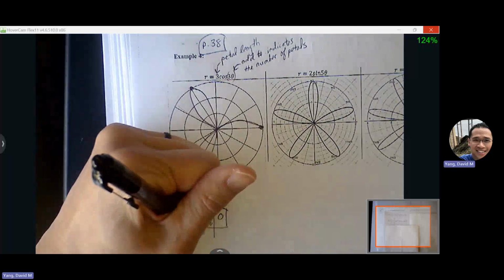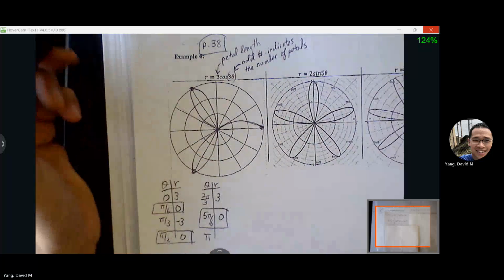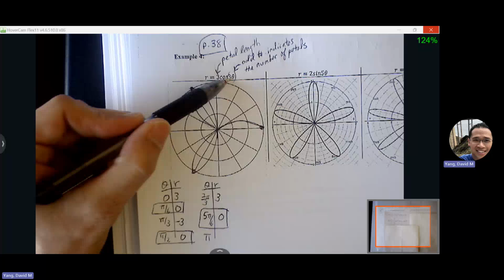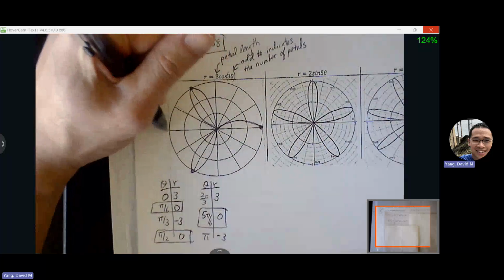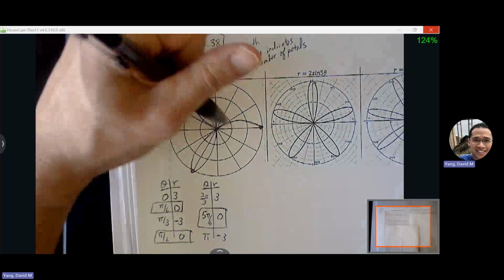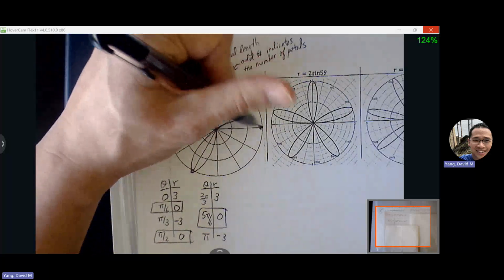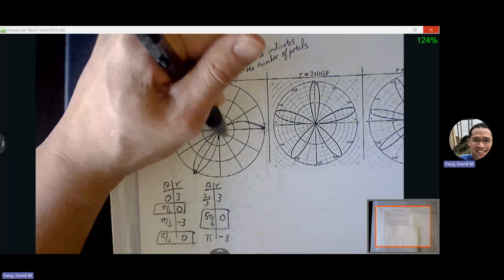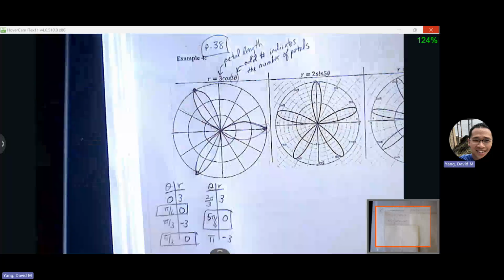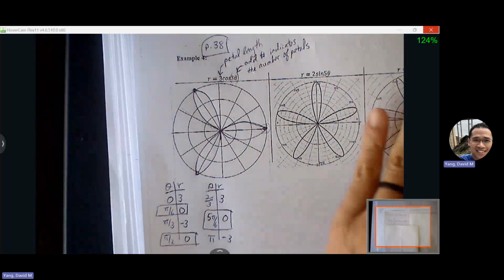And then finally, at pi, cosine of 3 pi is -1. -1 times 3 is -3. So then at pi, we want to walk away from pi and into this side. So it's going to end up being over here like this. So it's going to fill out that last petal.